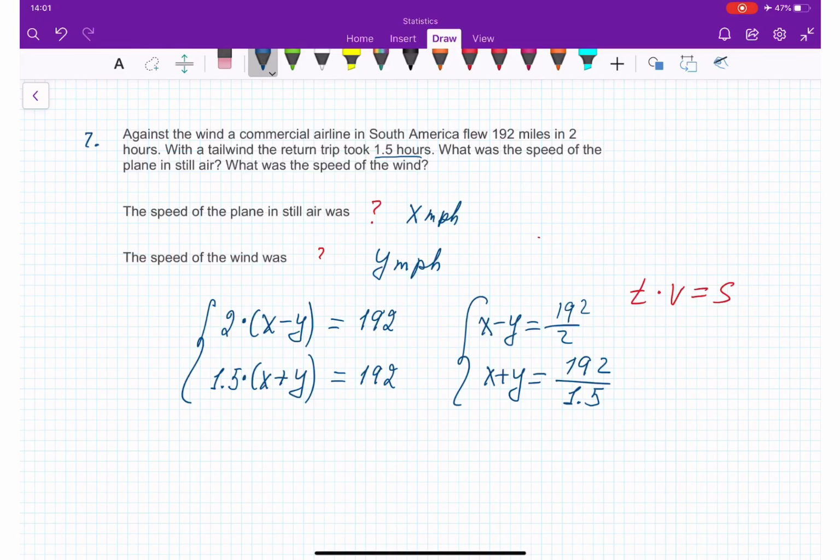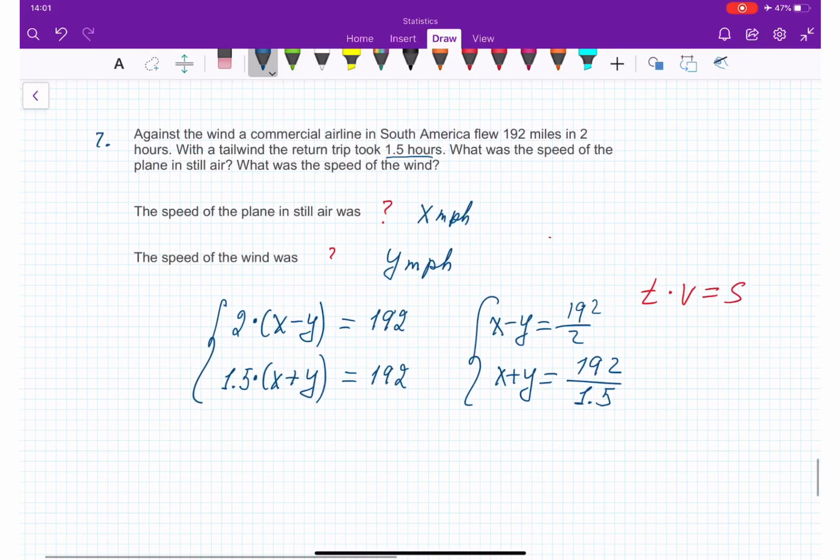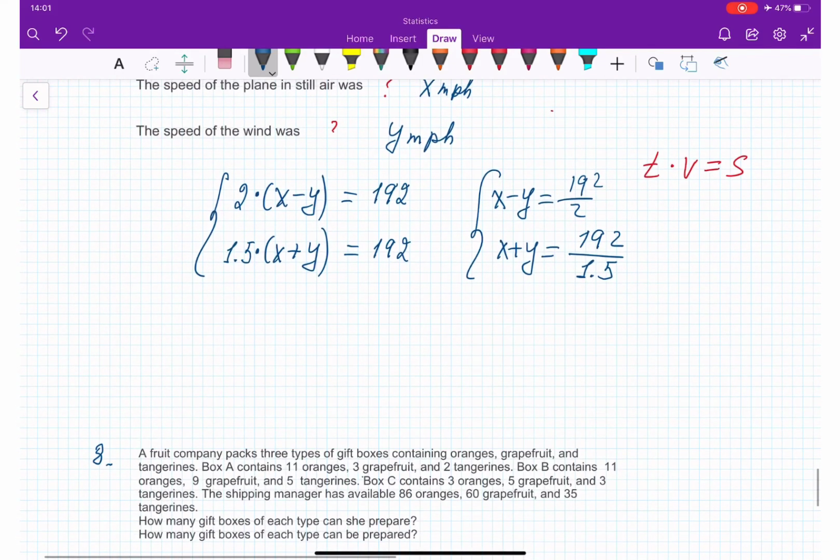All right. So now to solve it, first of all, I'm going to write down. So x minus y is going to be 96. x plus y, it's going to be 128. So if I add them up, this is going to go away.